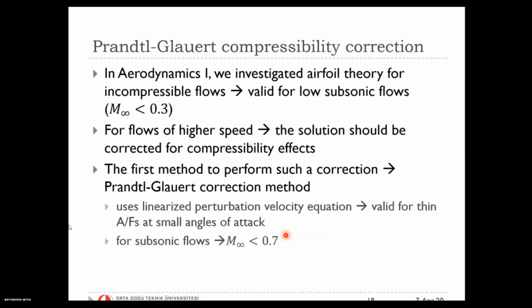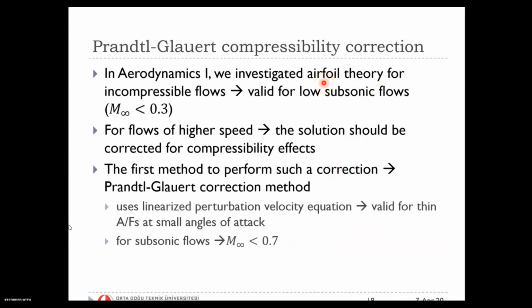Now let's look at whether there is an easier way to calculate the pressure coefficient in compressible flow if you already know the incompressible flow pressure coefficient. So let's start from the beginning.